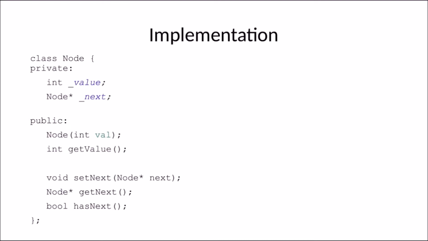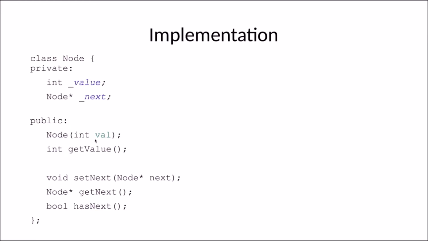So here you can see the C++ code. I have the node class. I have private member variables. One is integer, since I want to create an integer list. This I just name value, and then I have a pointer to the next node. Note that this is a recursive data structure. So I use an object of the very class that I'm defining here. Then I have public methods.